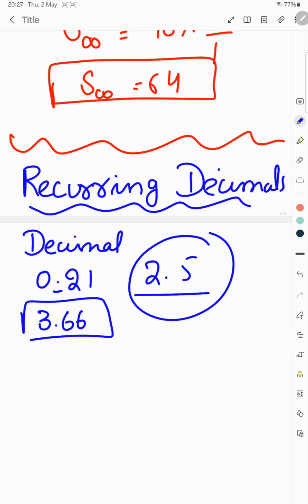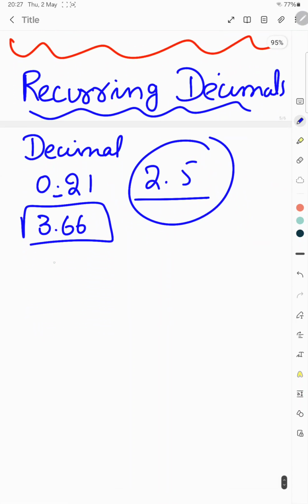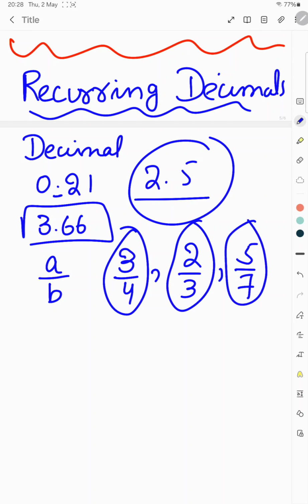Okay student. And what is a fraction number, student? A fraction number is the number which is always in divide form. For example, here 3 by 4, 2 by 3, 5 by 7. These all are fraction numbers, and they are in their simplest form, because further cutting of these numbers is not possible.